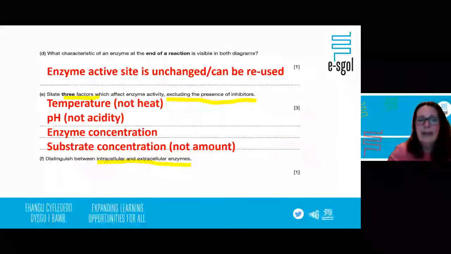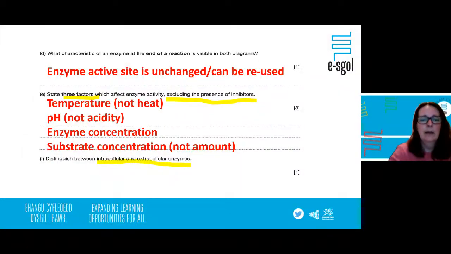Similarly, pH can affect enzyme activity, but again, don't write the word acidity, so don't put that in your answer. The concentration of enzyme, so remember we said that the higher concentration of enzymes there are, that means there are more active sites available, and that means reactions can occur more quickly.